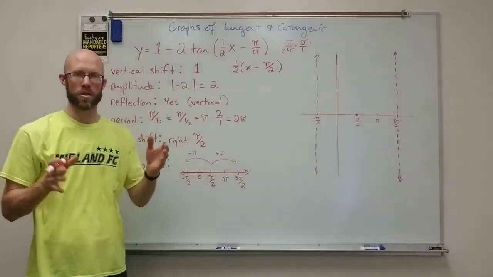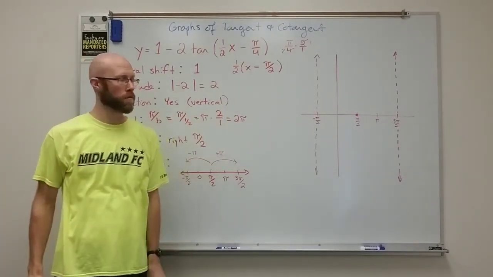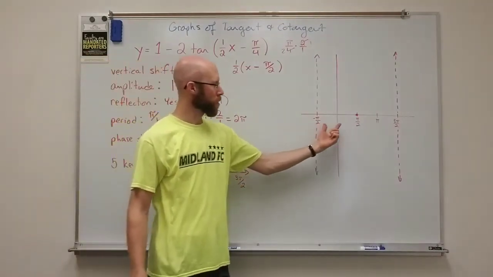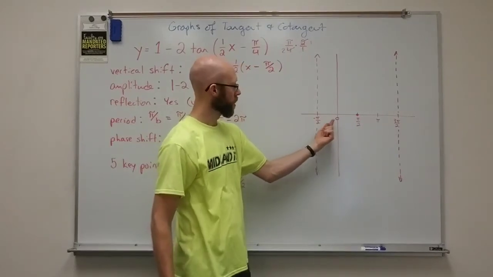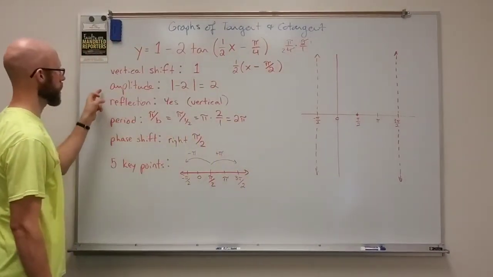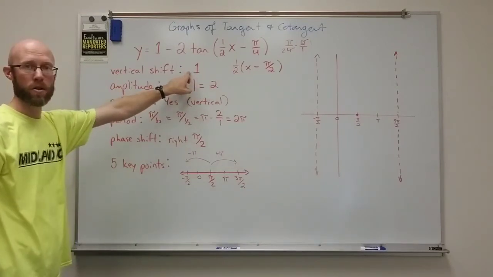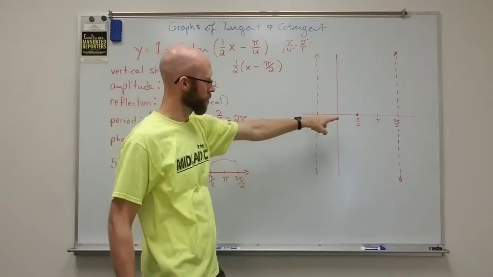Okay, so that's just, again, the normal period just shifted over. After that, the points that are halfway in between, which would be the 0 point and the pi, the height of those are going to be, well, they would be at the amplitude, except now we have a vertical shift in as well. So I didn't even think about that when I put this point in.